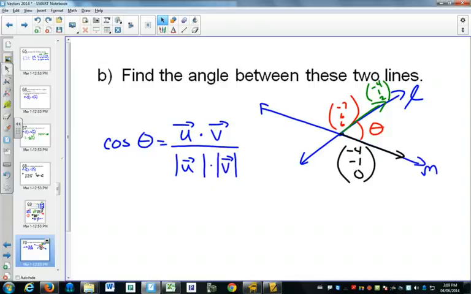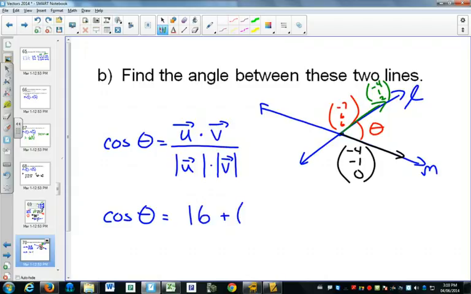So to figure out what the angle is, cos of theta will equal the dot product between U and V. So that would be negative 4 times negative 4 would be 16. 1 times negative 1 would be negative 1. And 0 times 2 would be 0.